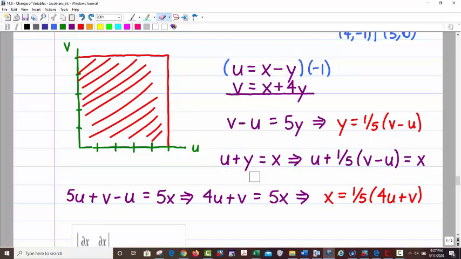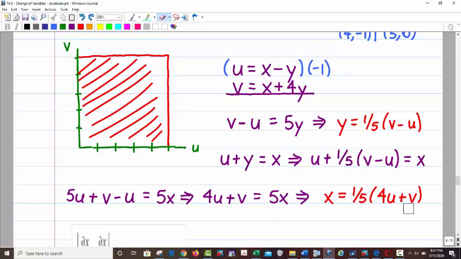If u plus y equals x, we know what y is, right? So u plus 1/5 (v minus u) equals x. And then I multiplied everything by 5 to get rid of the fraction, and I got 4u plus v equals 5x. And then x equals 1/5 (4u plus v).